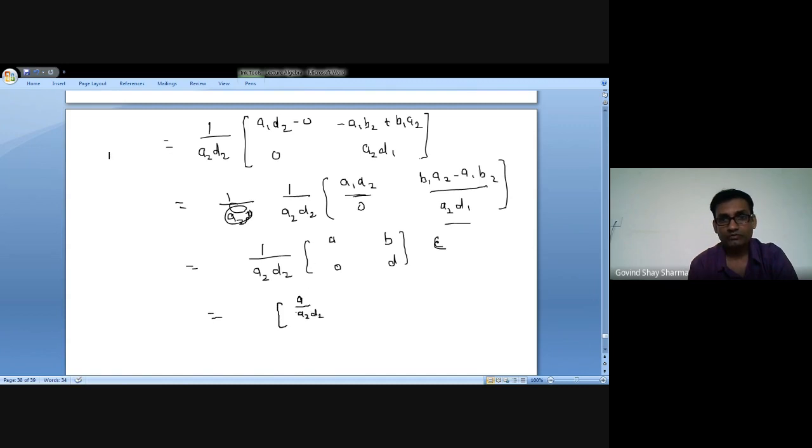These are real numbers, and this is the form of elements of H. If we divide all the elements, it becomes the same form. Now we conclude.